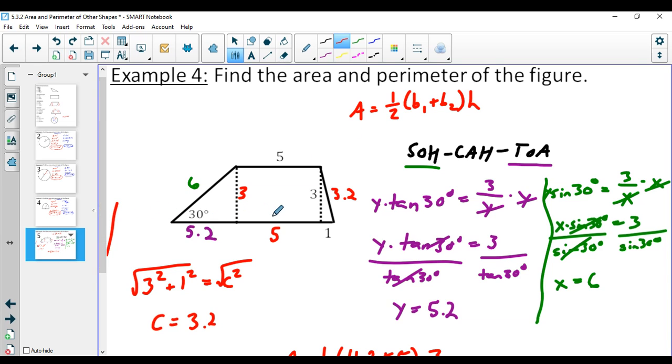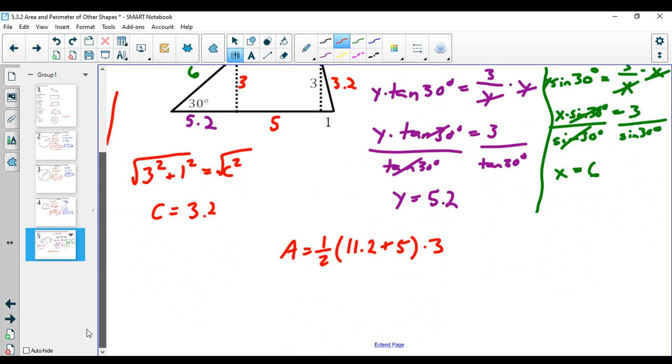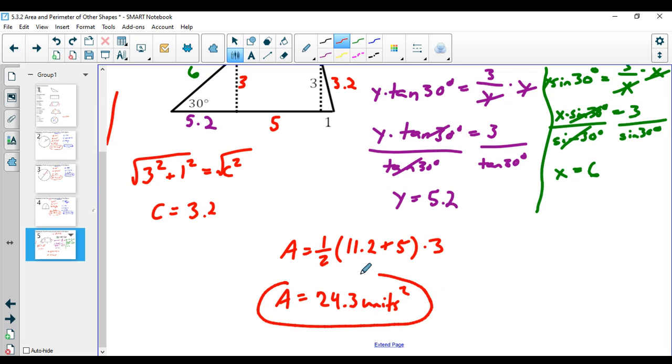Just be careful when you're typing that into a calculator, right? Because you have to do that 11.2 plus 5 before you multiply it. And after you multiply that all out, you should get 24.3. Then again, since it's an area, we're going to do units squared.